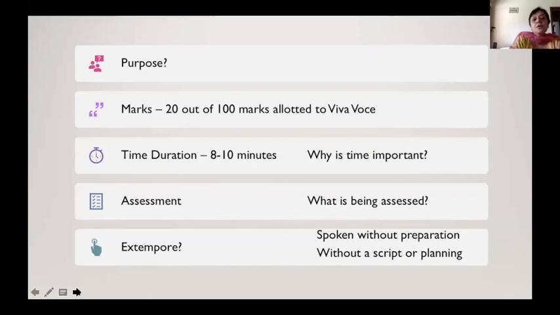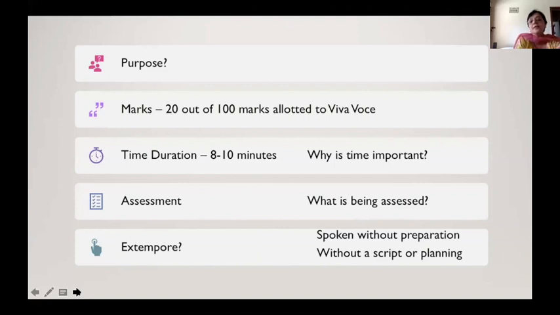Okay, so the time duration is about 8 to 10 minutes, and the time is very important because it will tell your examiner whether you could express and cover what you want to say effectively in the stipulated time. So don't exceed the time. Time is extremely important. We have already said what you're being assessed for.